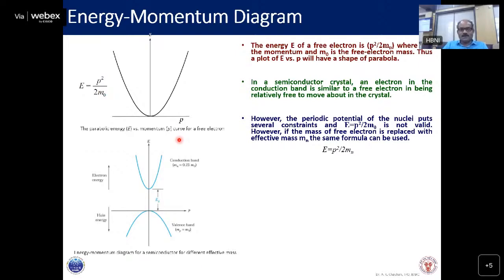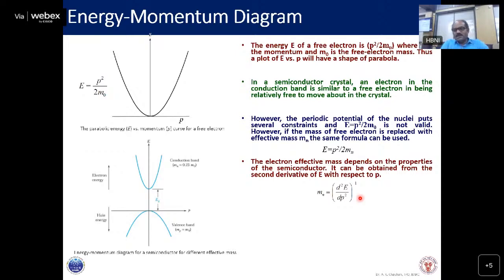But if there is an energy which it cannot accept, that means it cannot move with that energy. We can also say that in that case, the electron has a very large or infinite mass. So our equation will remain the same, but we say the mass of the electron has increased very high. If we replace the mass with the effective mass, we can use the same equation.